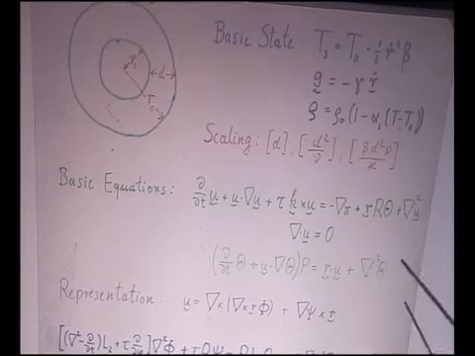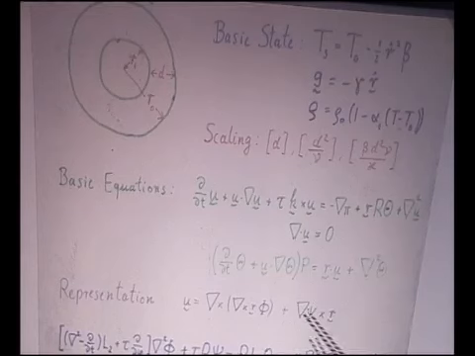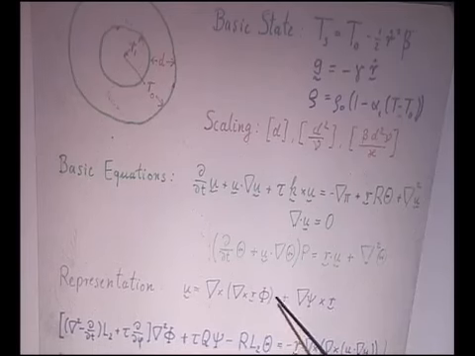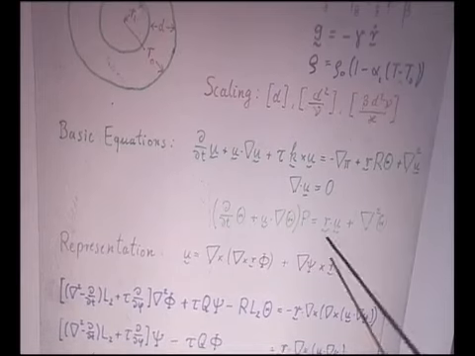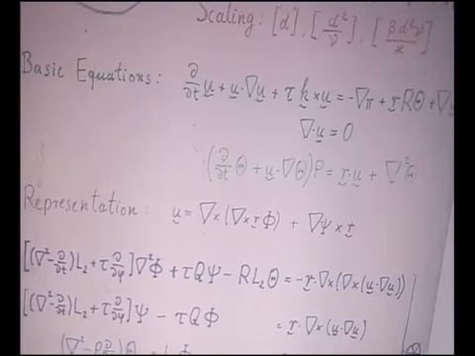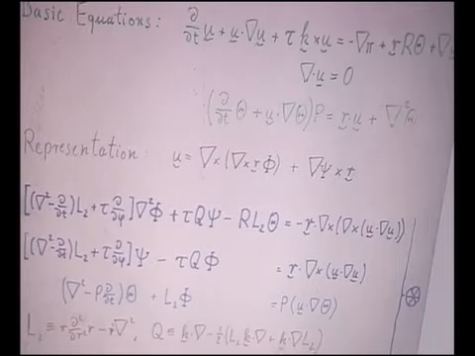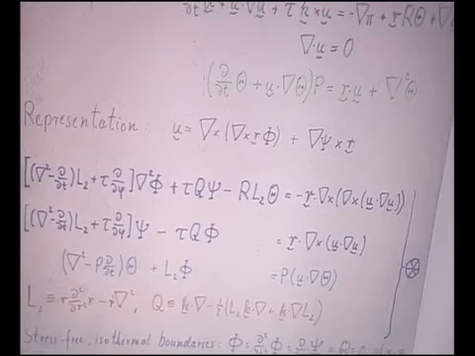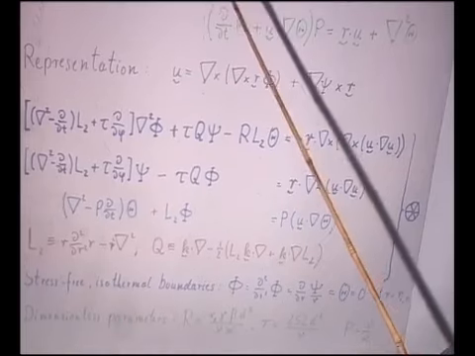The attempt here is to do the physics as simple as possible, so that all important aspects are there, but we don't attempt to be very realistic. Since the flow is in good approximation incompressible, we can use this general representation in terms of poloidal and toroidal components of the velocity field, and we will use the same thing later on for the magnetic field. I don't want to bother you with the equations here.